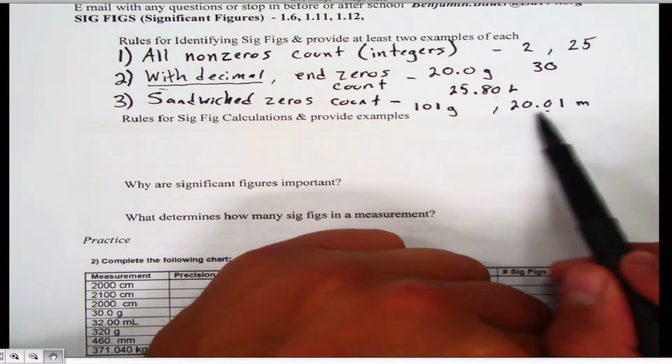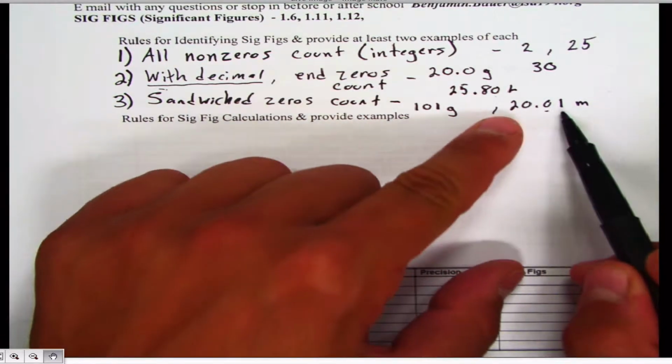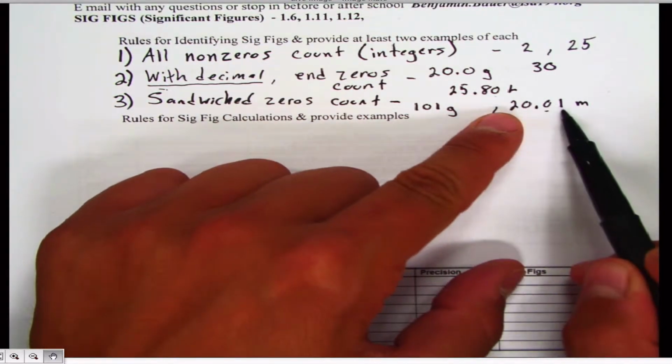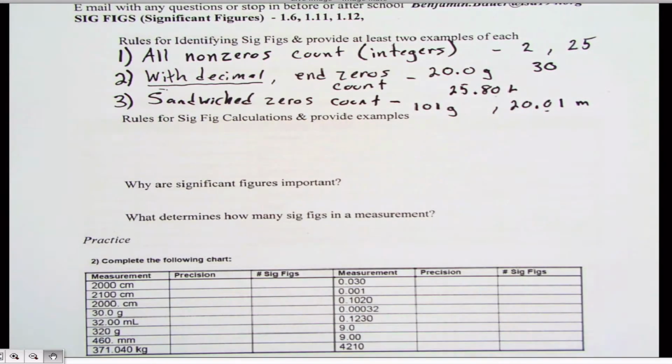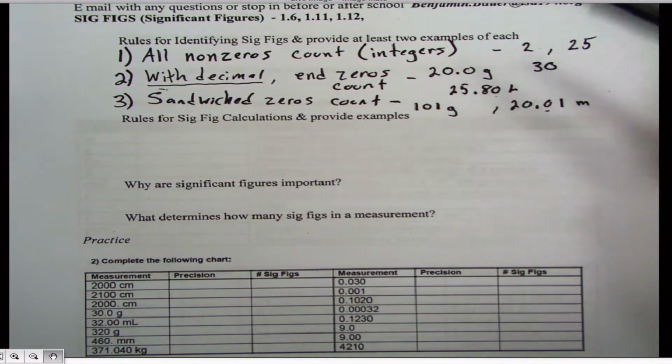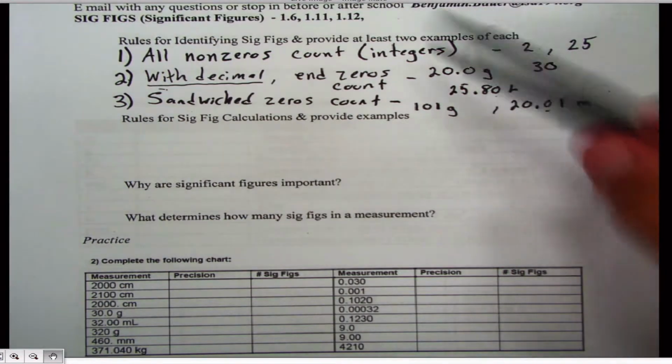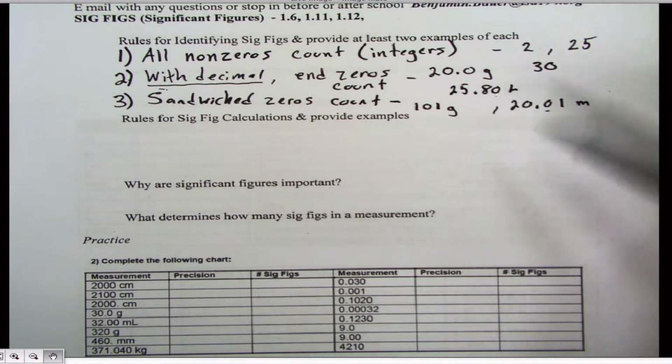Those zeros are sandwiched, and it doesn't matter where the decimal is. They're still sandwiched between the 2 and the 1. So those count. So this would be 4 significant figures, and we're measuring to the 100th. So there's your general rules for identifying how many significant figures you have.